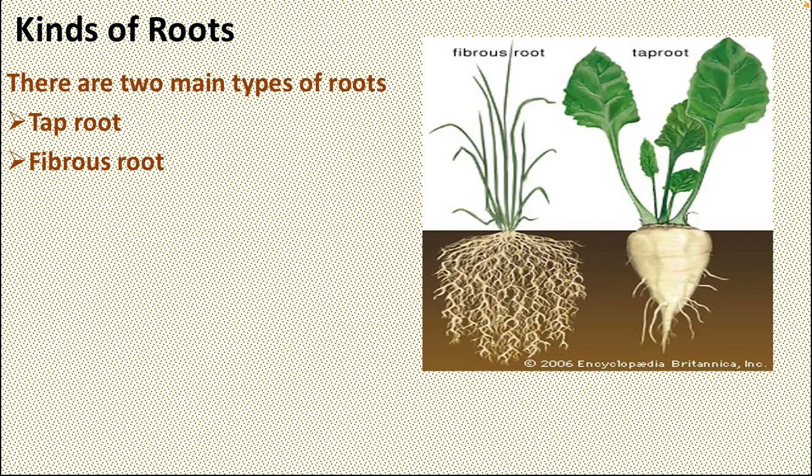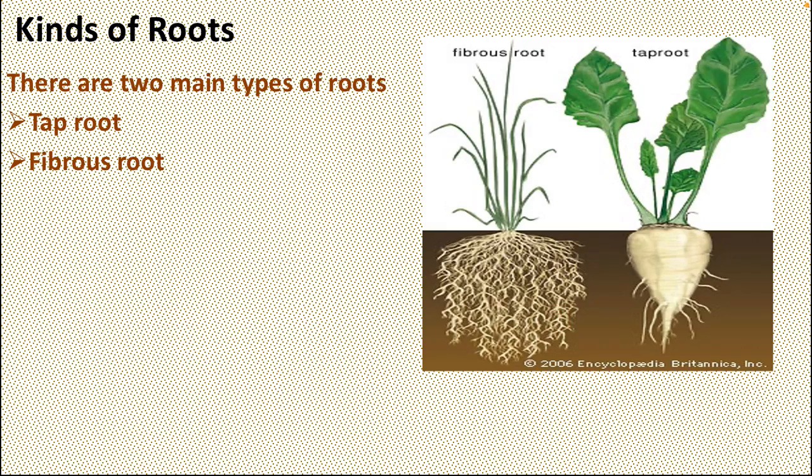So today we are going to read about kinds of roots. There are two main types of root. One is taproot and the other one is fibrous root. Before I explain to you, I will show you both pictures.